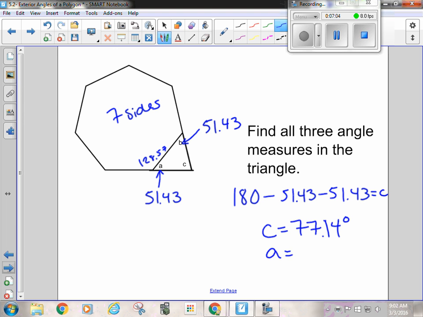And A was 51.43 degrees, and B was 51.43 degrees. So even though they didn't give us any measures, we can pull all that information out just because of our prior knowledge.